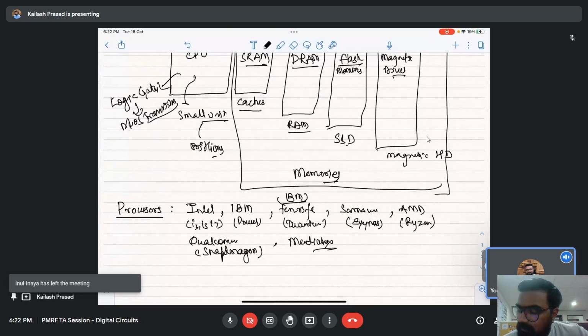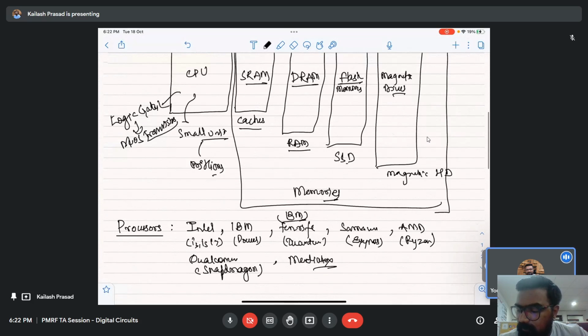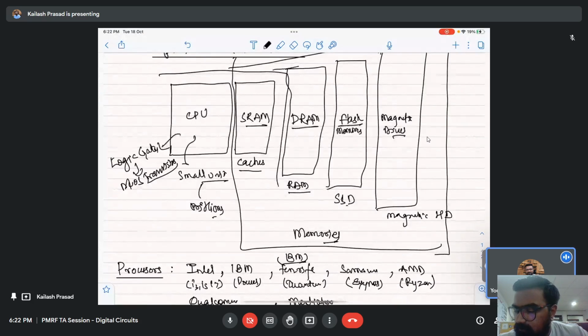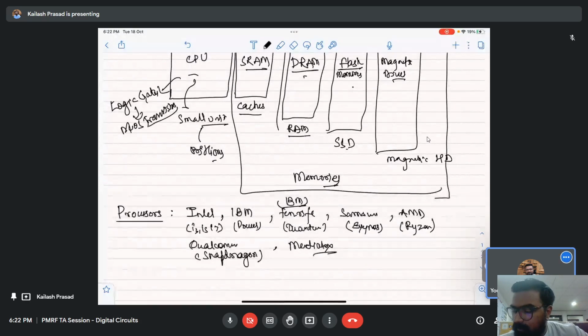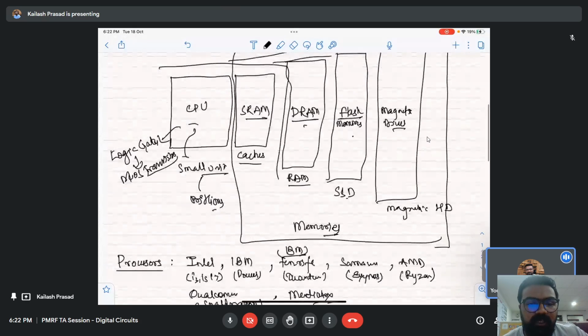Now the question is, when I see this system, the entire system from CPU to SRAM to DRAM to flash and magnetic drive, when I say that Intel designs its own processor, which of these components am I talking about?